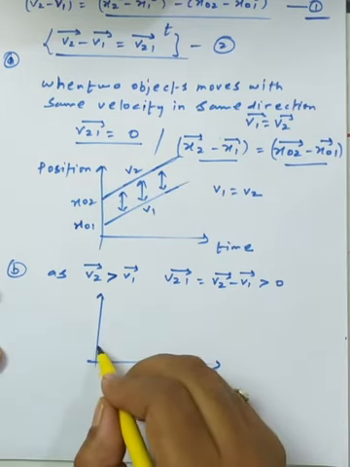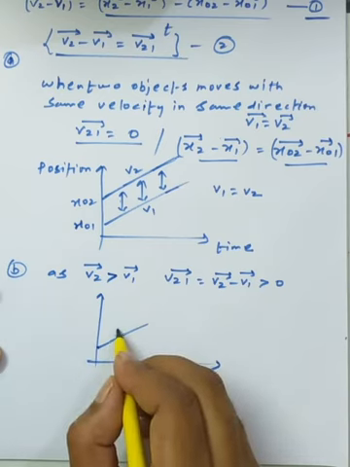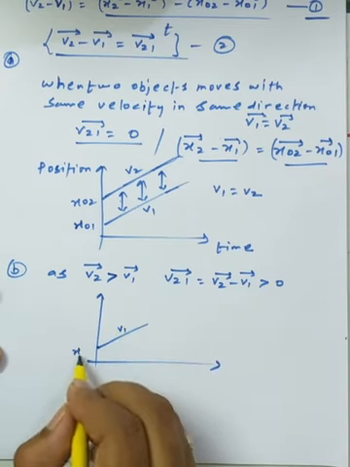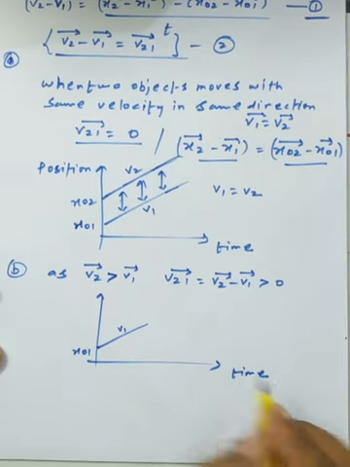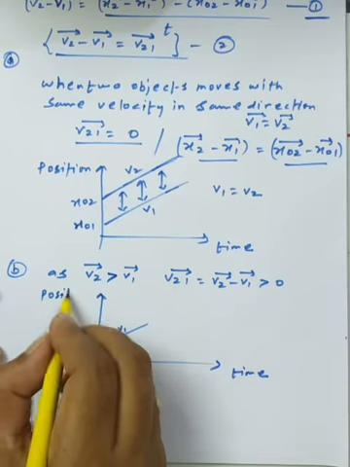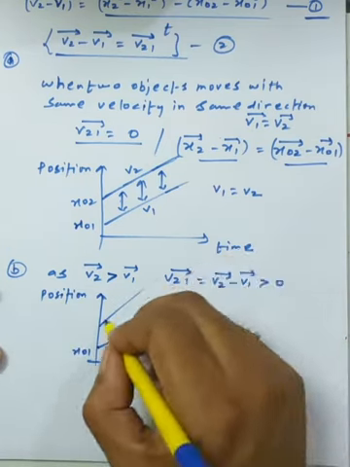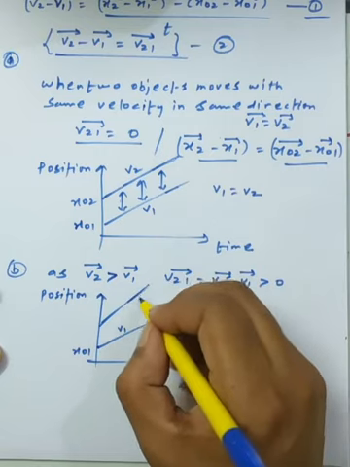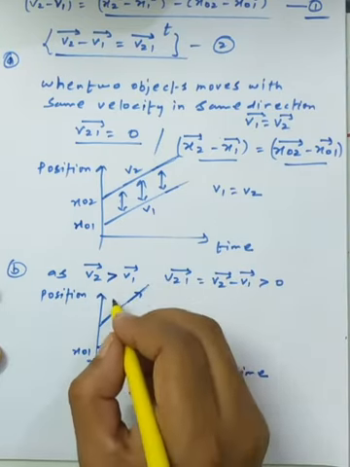This one is the position-time graph for the first object with velocity v1, and the initial position is x01, this is the time and this is the position. As we are assuming the velocity of the second car gradually increases, it will leave the first car.